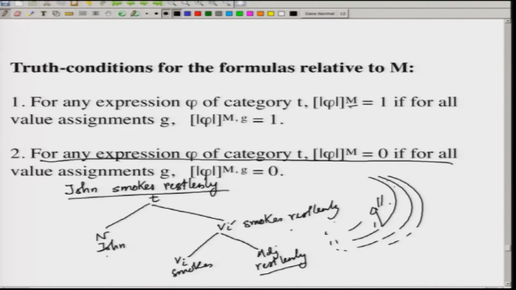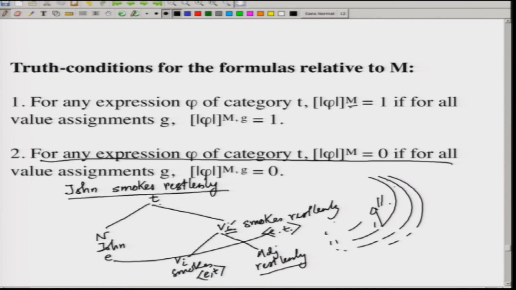Ignoring other things, we can just determine the type of this. How do we do that? You see, we know the type of John is E. We know the type of V I prime is E to T. Otherwise, T could not come. So E and E, so T comes out. So the type of this node, we know that it is E to T, and smokes we know for sure is E to T. It is a 1 plus predicate, right?